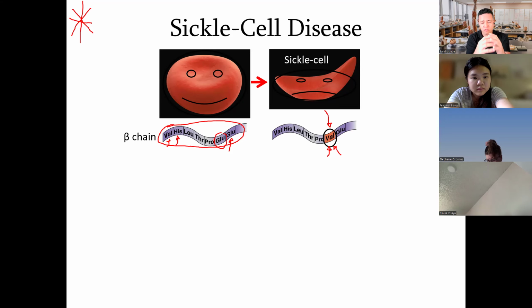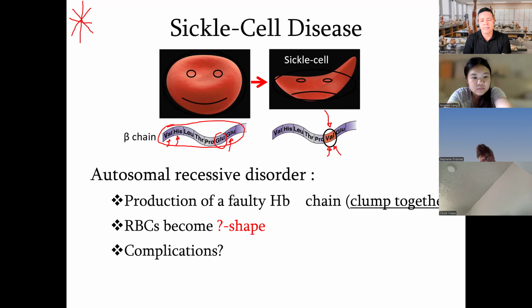So if the hemoglobin falls apart, the entire function of the red blood cell is going to suffer as well. Okay? So sickle cell is a genetic disorder in which there is a single amino acid substitution, in which we're substituting a valine for a glutamine, and that causes the collapse of the red blood cell.